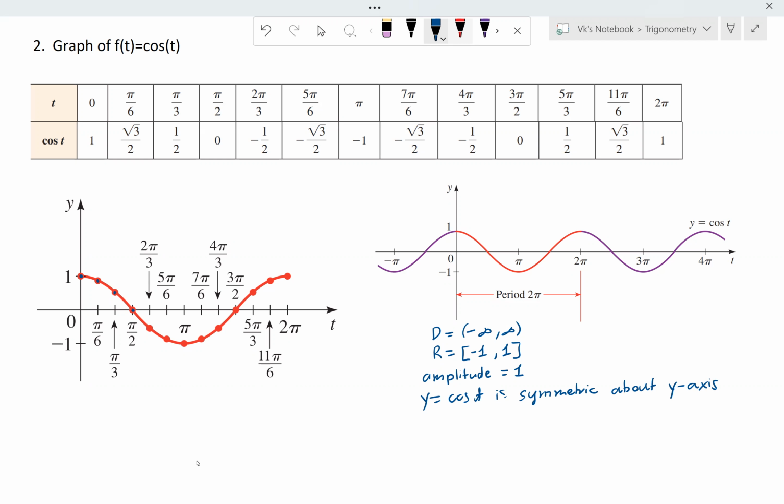What this means is, ta-da! Cosine of negative t is exactly cosine t, which tells us that cosine is an even function.